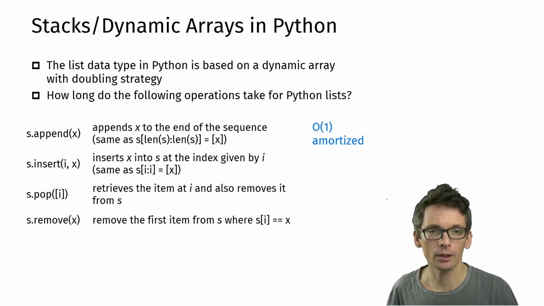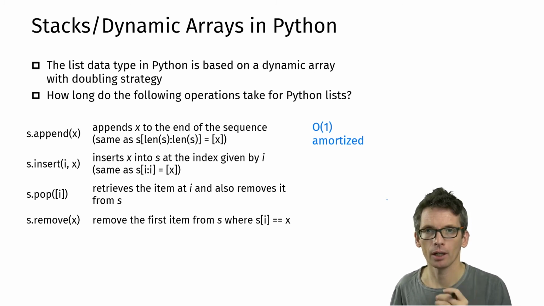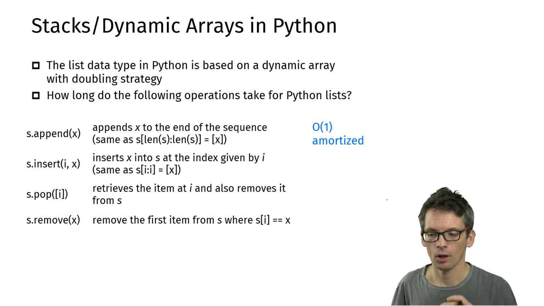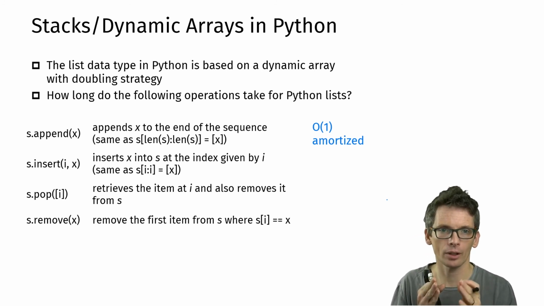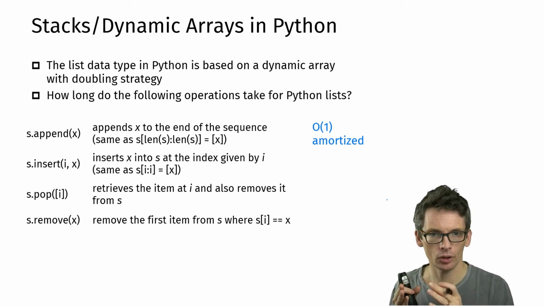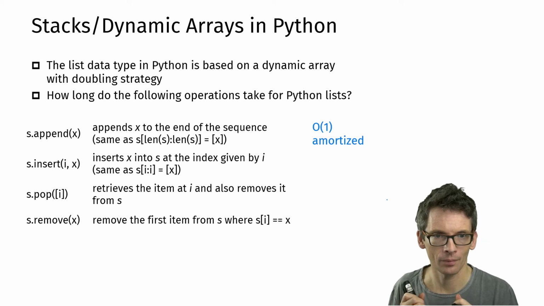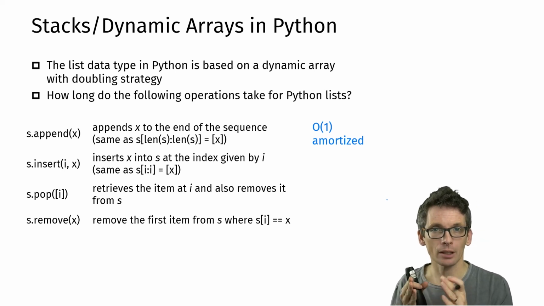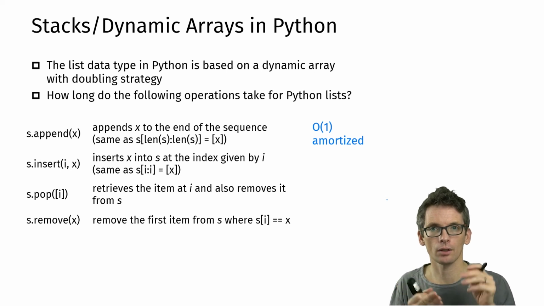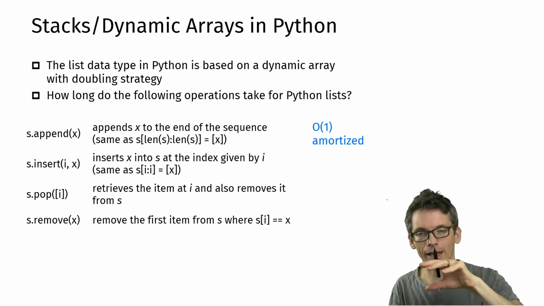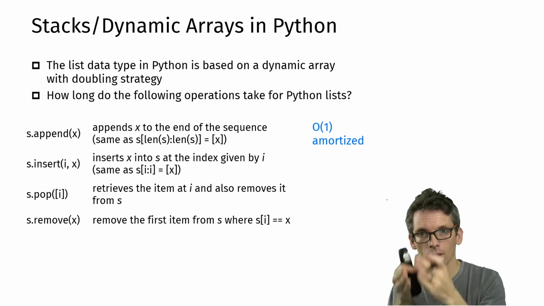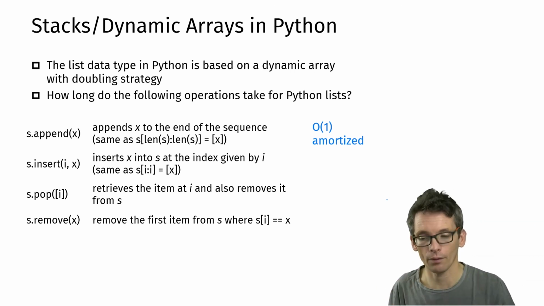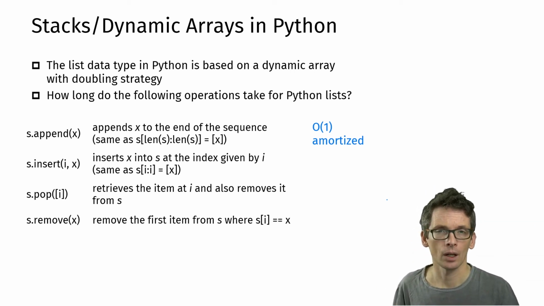If we now, for instance, want to insert into a Python list at position i, so we want to insert x at position i, this also means that we have to make space for x. So this is not simply replacing whatever is at i with x, but actually inserting that element and moving everything to the side.